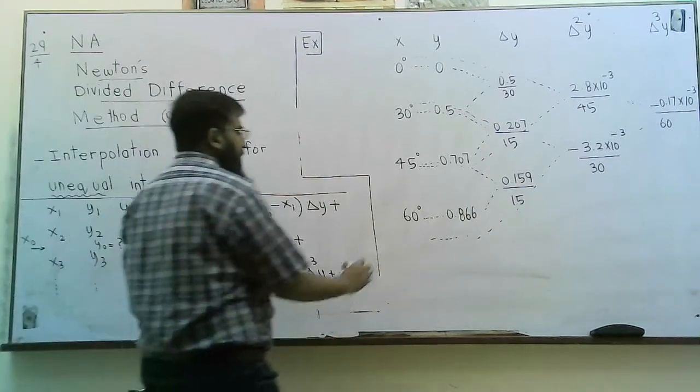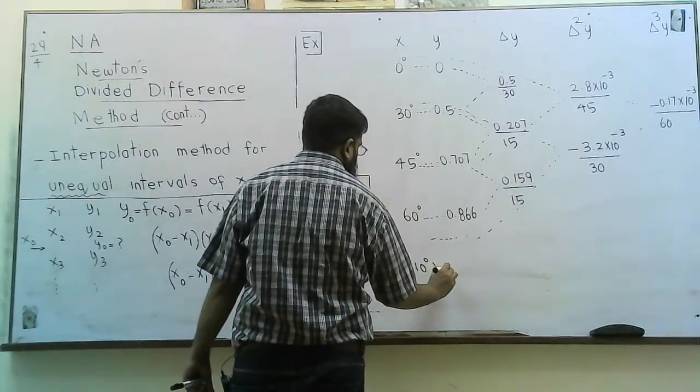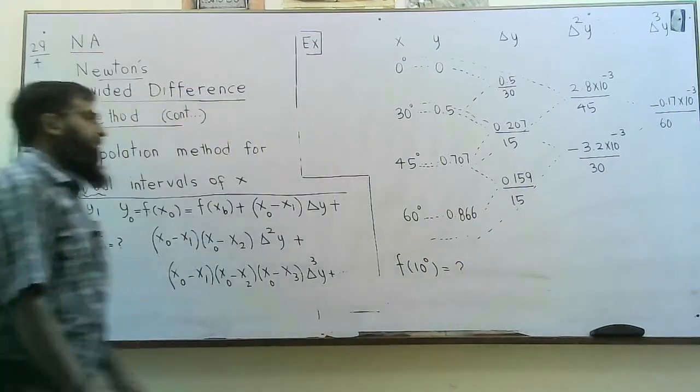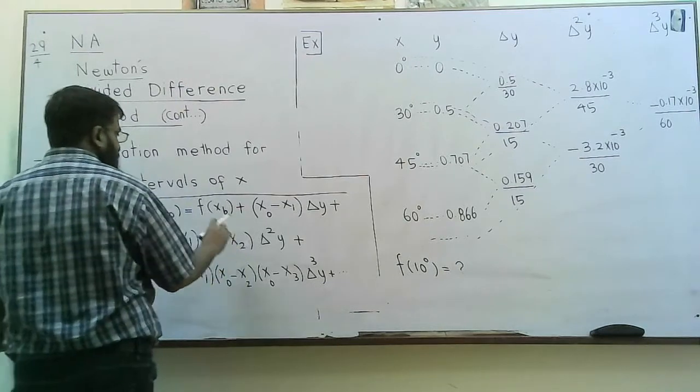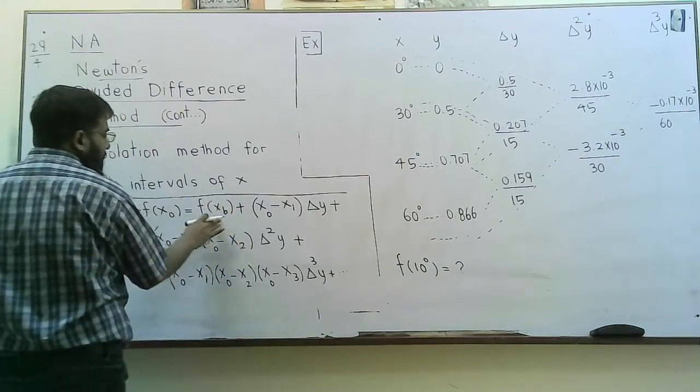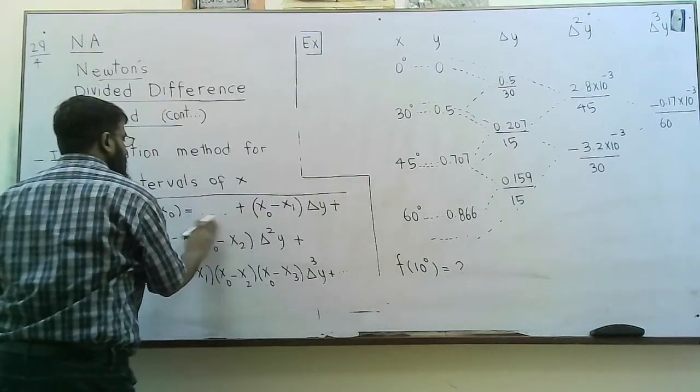Suppose we want to find out f of 10, and we studied yesterday that f of 10 is approximately 0.17 for this sine of x. So f of 10 is f of 0, which is 0, the base value is 0.